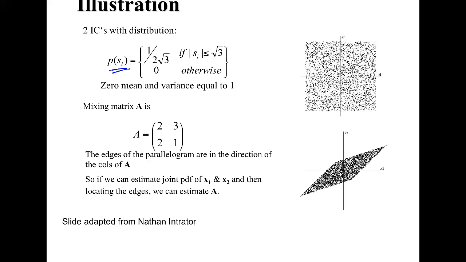Now if you mix it with this matrix, 2, 3 and 2, 1, the first component you get is twice the first S and 3 times the second one. Similarly with 2, 1, you again get 2 random variables. Here you are seeing samples of these random variables.